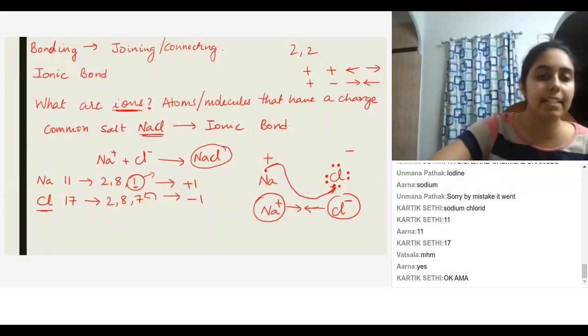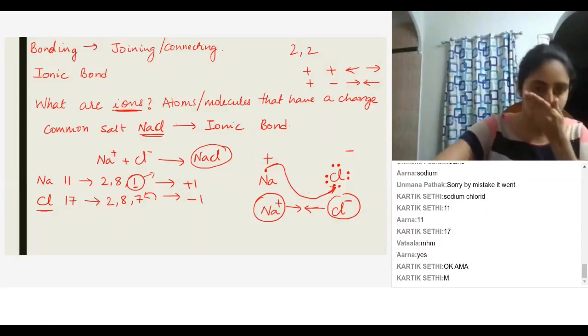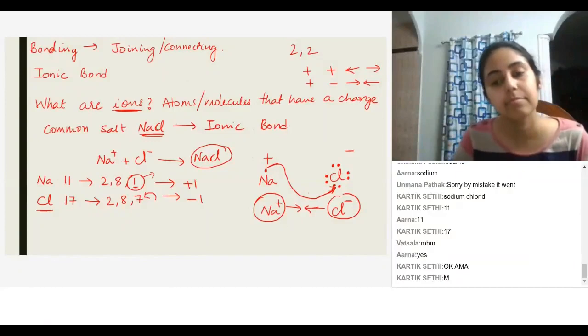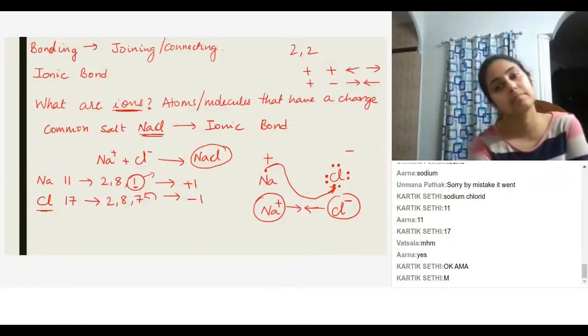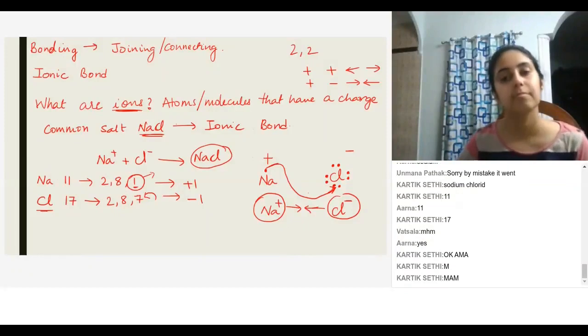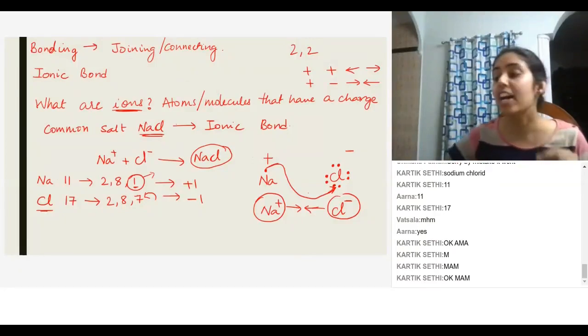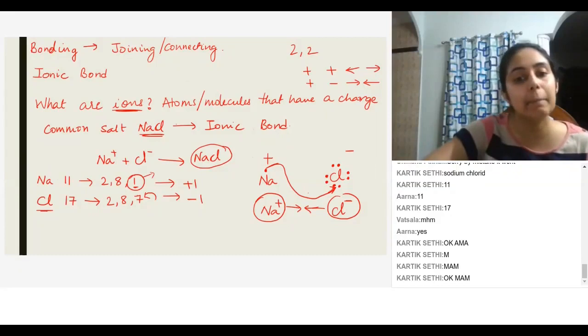Ma'am, you said sodium has a positive charge and chloride has a negative charge. When they attract and form a bond, what does the charge of NaCl become, negative? No. The charge of NaCl will cancel out.